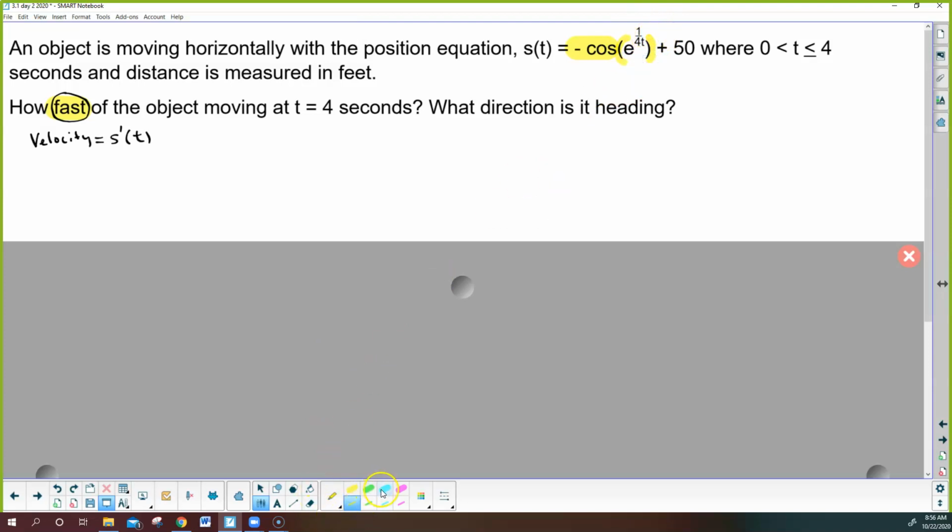And then I have an inside function, which is e to the 1/4 t, but there's actually another inside in that. That 1/4 is an inside. I'm not really worried about the plus 50. Remember, that's a vertical shift on the graph. So that just means that when I take the derivative, the 50 is going to go away because it's a constant.